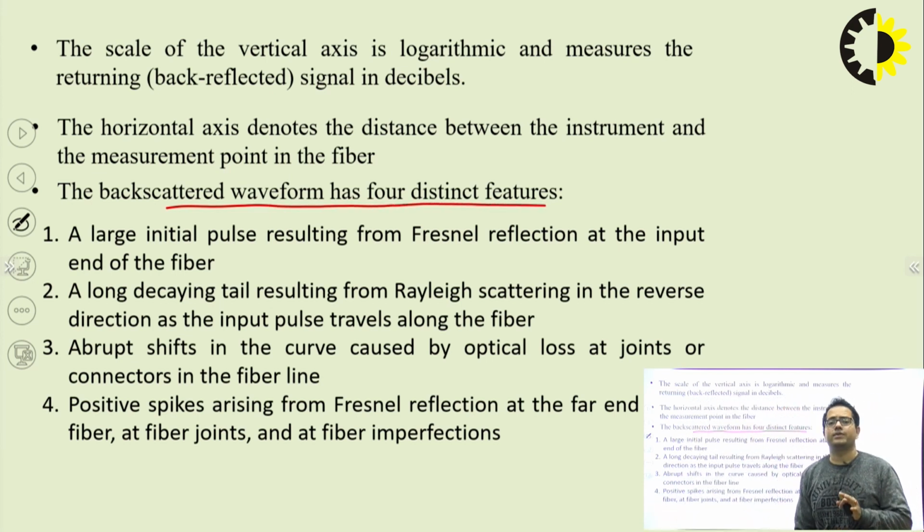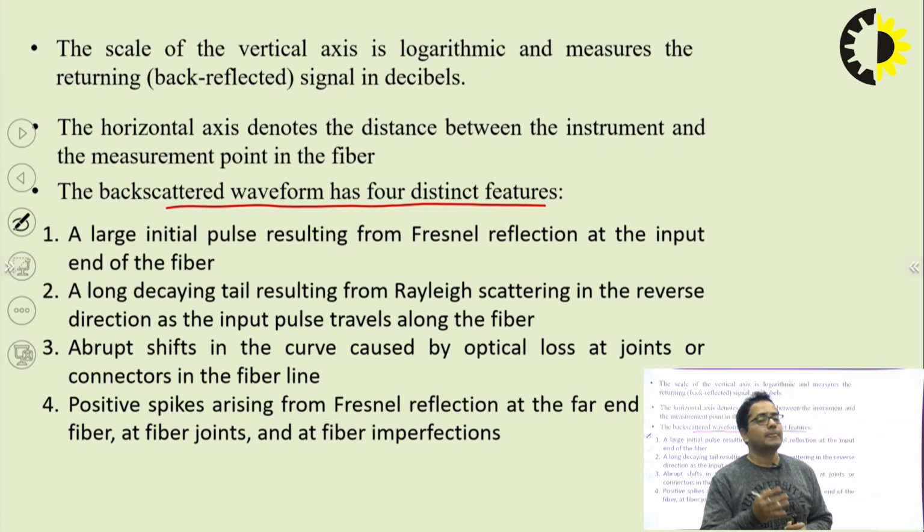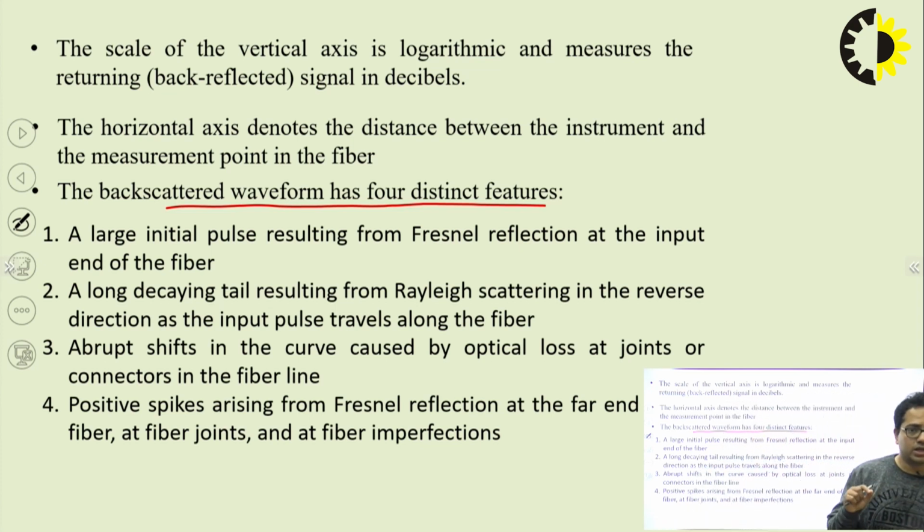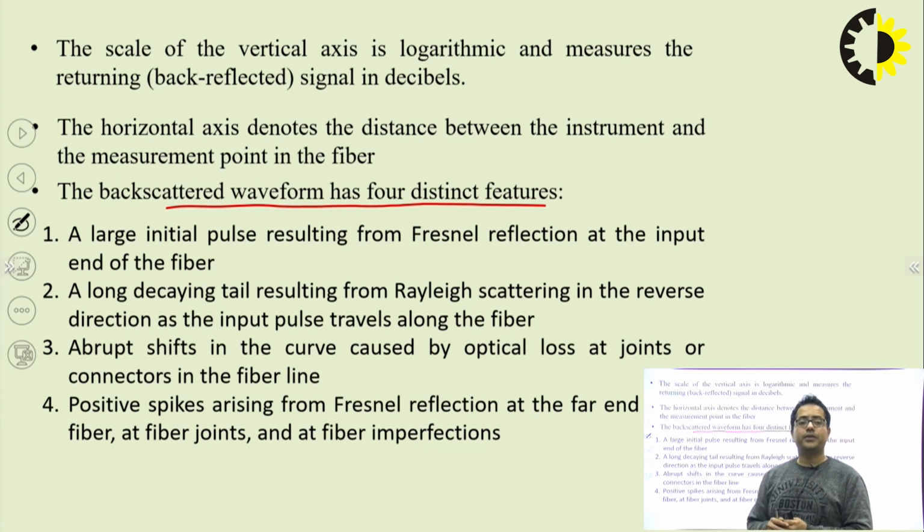Now the backscattered waveform has 4 distinct features. What are those distinct features? We saw some spikes occurring in the reflection or backscattered light that we are getting. So there are 4 pieces of information that one can get from the backscattered curve.